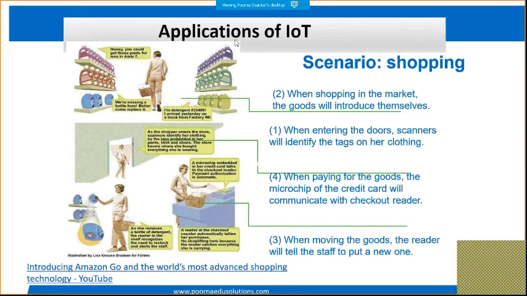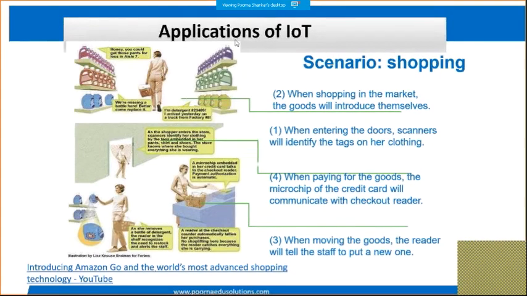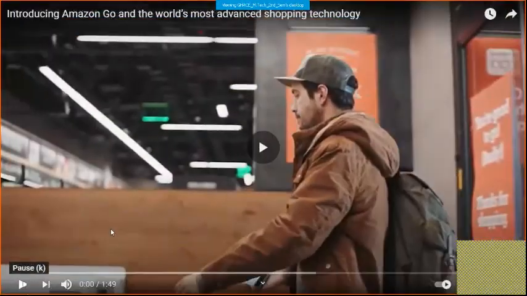So the billing will be automatically generated. And then when you are paying for the goods, the microchip of the credit card will communicate with the checkout reader automatically, and the money will be deducted from your credit card automatically.